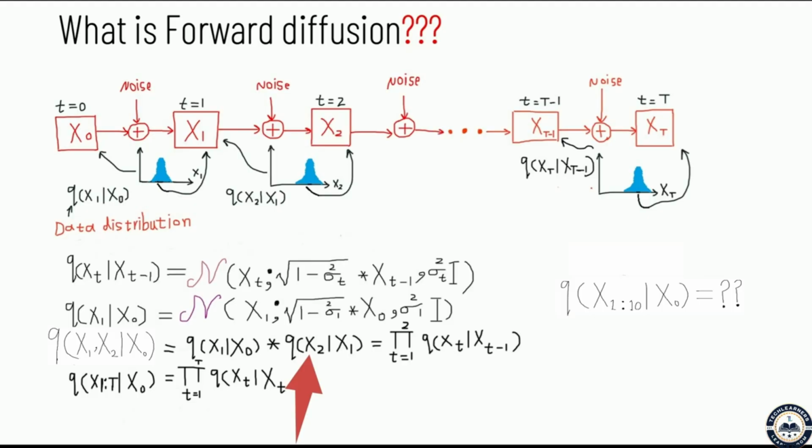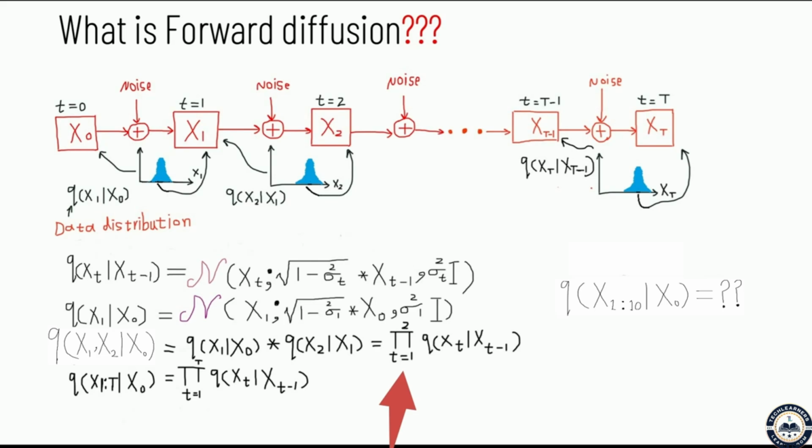This is forward diffusion. So now forward diffusion means finding the joint distribution for all the variables from x1 to xt capital given x0. Or in other words, in forward diffusion, we are trying to find the distribution that will give us all possible sequences from x1 to xt capital given x0. And we can use this pi symbol to represent this multiplication process.